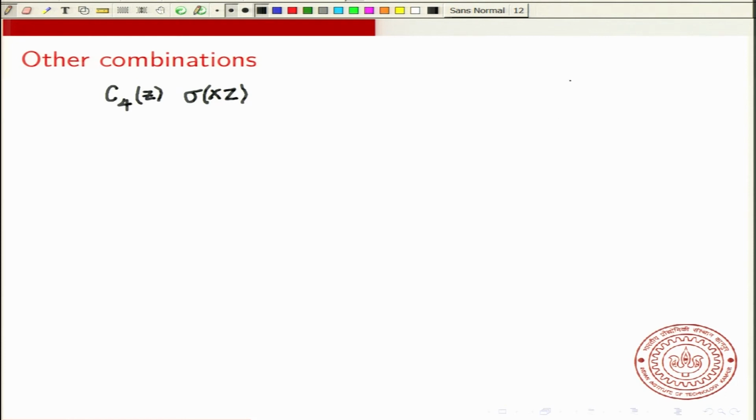On the xy plane, the z axis is coming out of the plane of paper. So, sigma xz is essentially perpendicular to this. So, it lies along, let me show it in a different color, sigma xz is this.